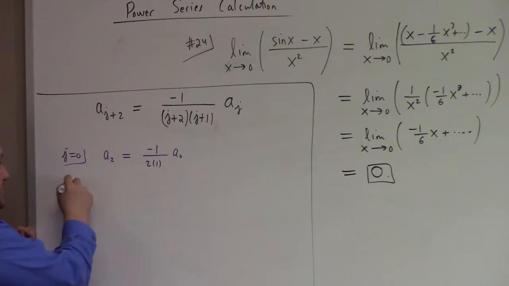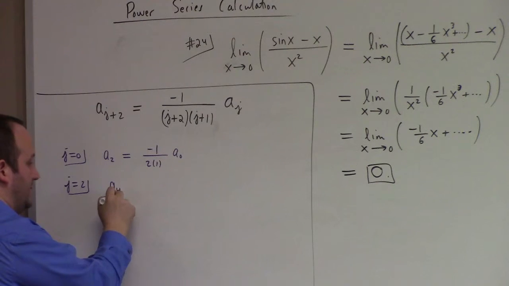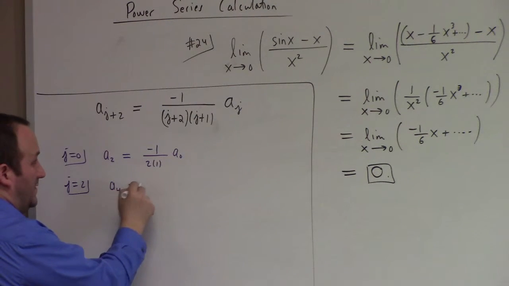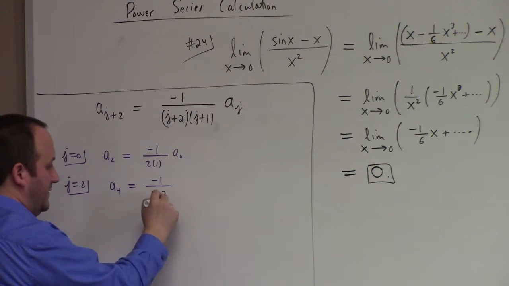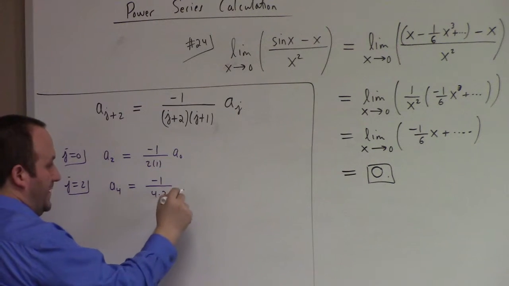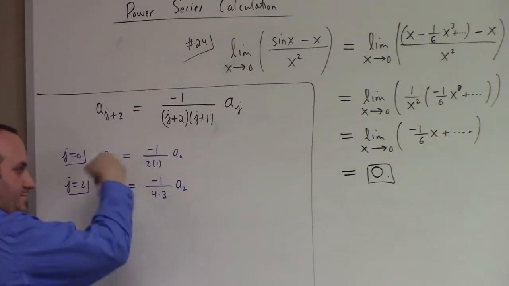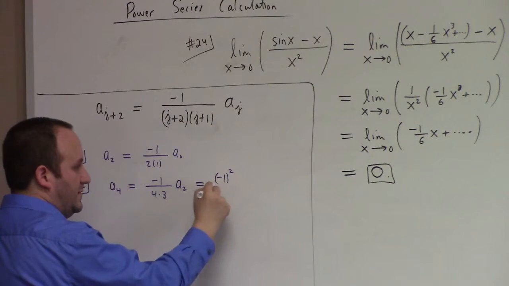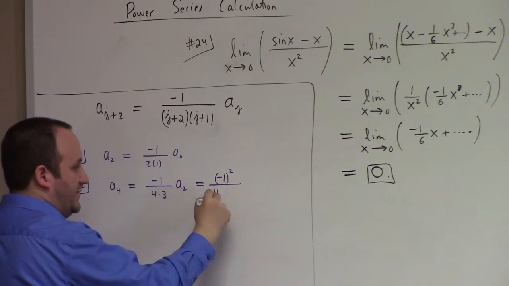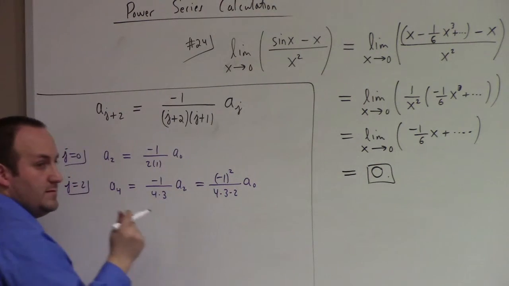J equals 2. What do we get there? I get a sub 4 equals minus 1 over 4 times 3, a sub 2, right? But that's really minus 1 squared over 4 times 3 times 2, a sub naught.